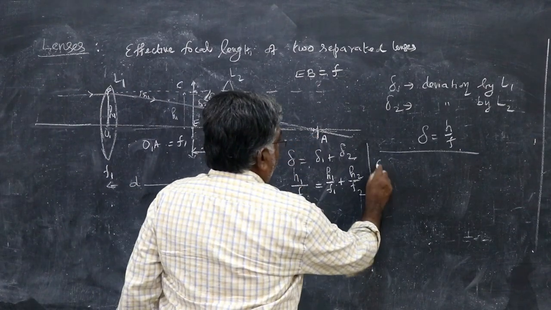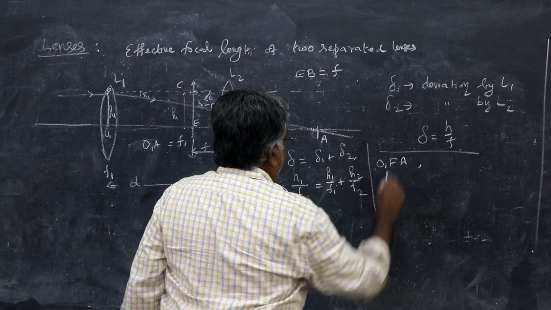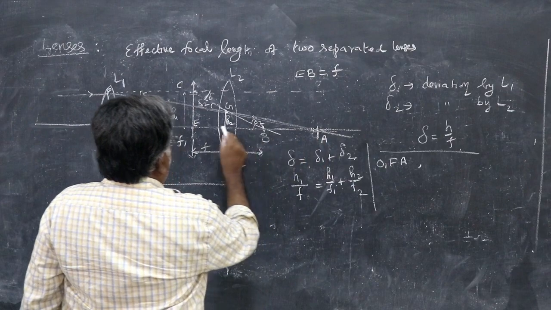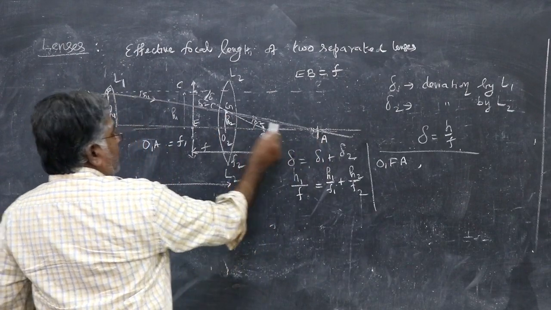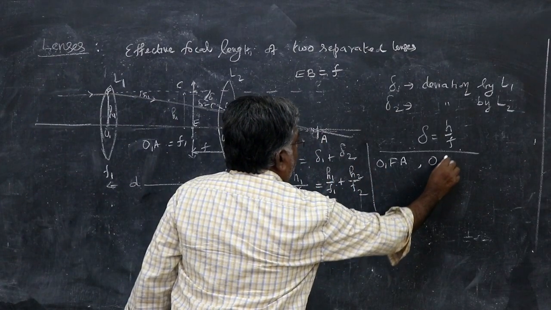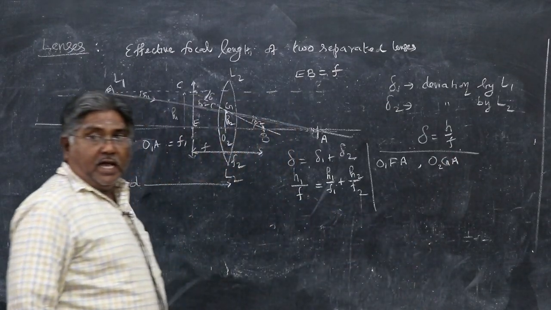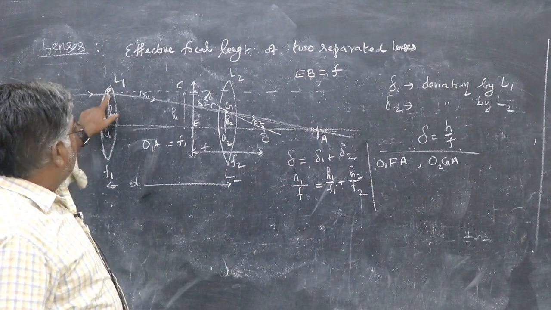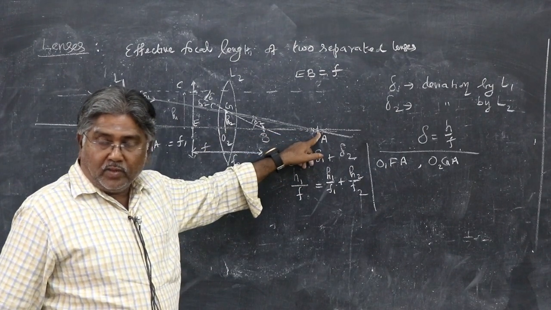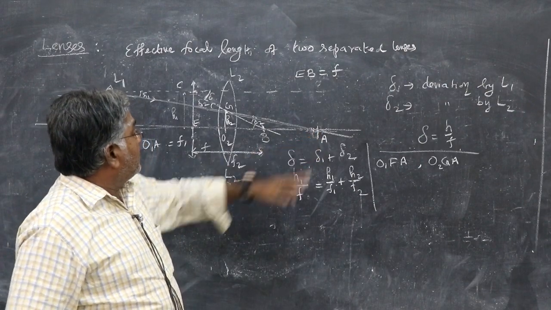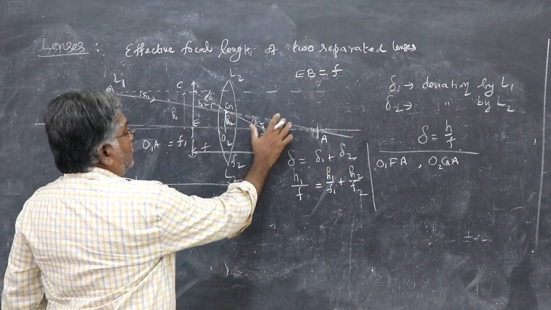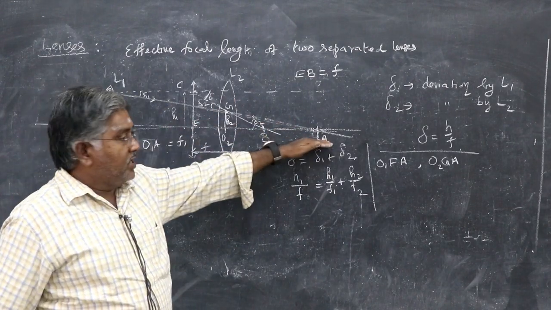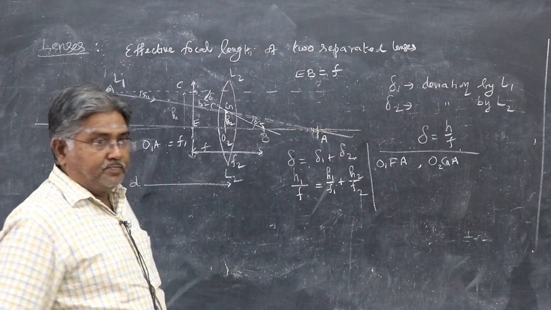O1FA is one triangle. The other similar triangle, you take GA, or O2GA. Just look clearly at the diagram. This is a crucial step. O1FA, what is A? A is the intermediate ray, which I initially showed with broken lines. In the absence of the second lens, the ray will reach this point A and of course pass through it.